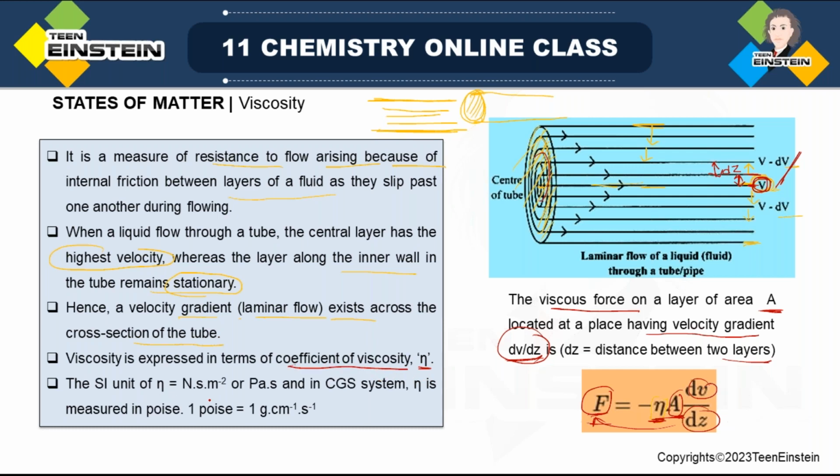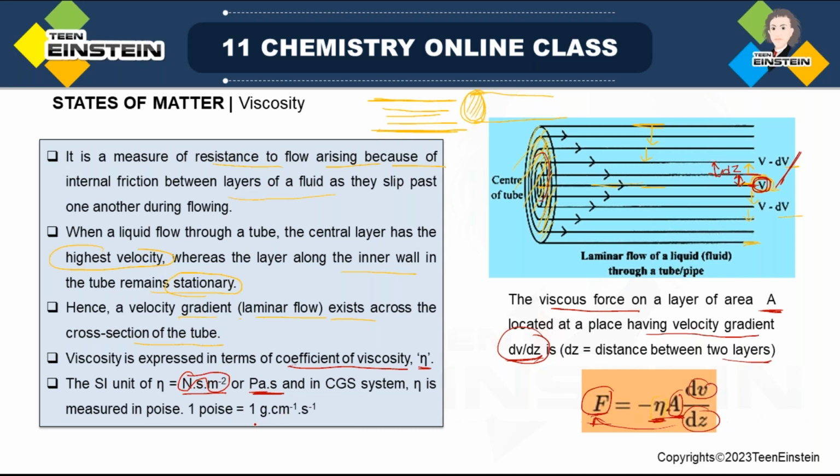The SI unit of eta is Newton second per meter square. So Newton second per meter square is one unit you can use. Another unit you can use is Pascal into second, because Newton per meter square is actually pressure, Pascal.